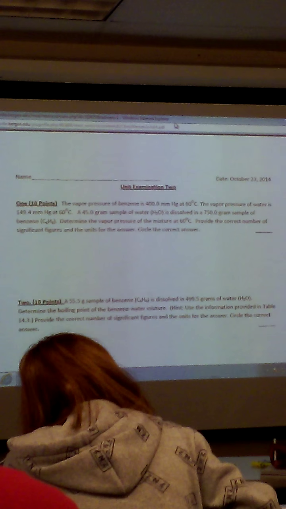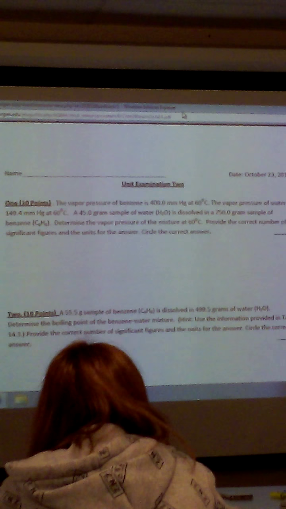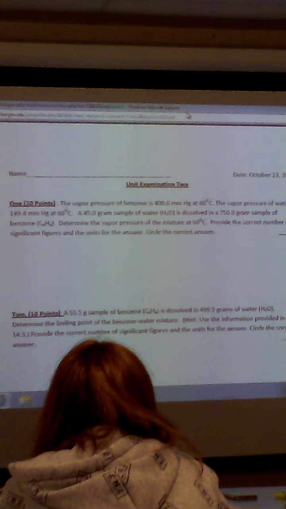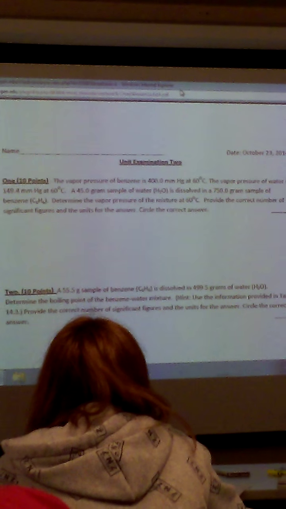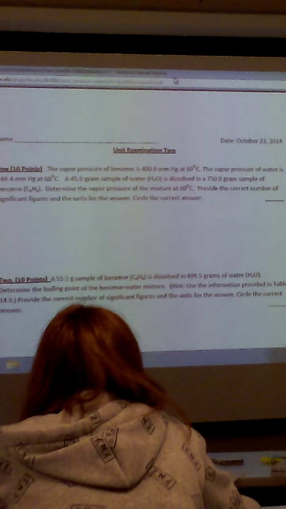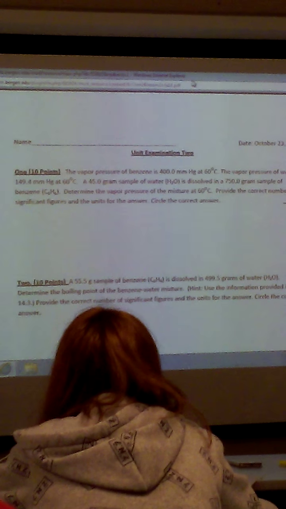The vapor pressure of benzene at 60 degrees. The vapor pressure of water at 60 degrees. A 45-gram sample of water, 750-gram sample of benzene, determine the vapor pressure of the mixture at 60 degrees. What type of problem is this?